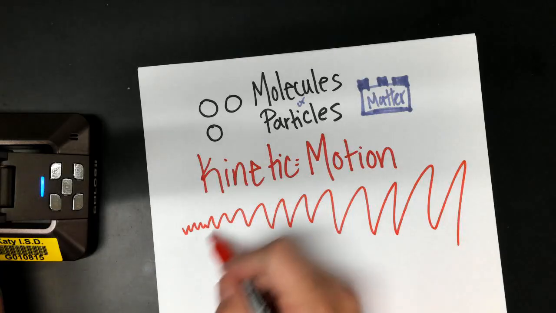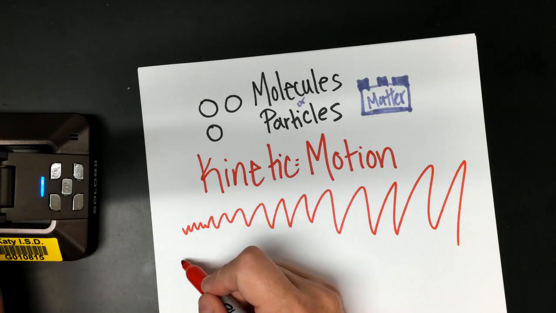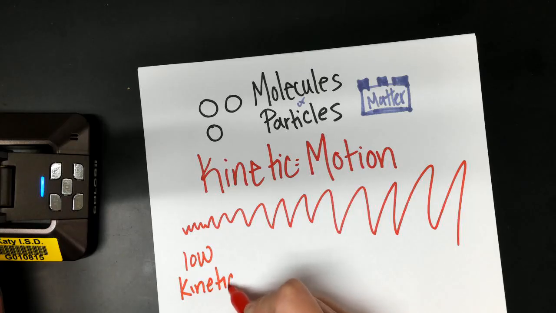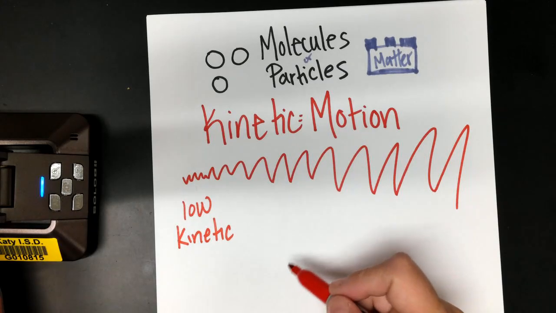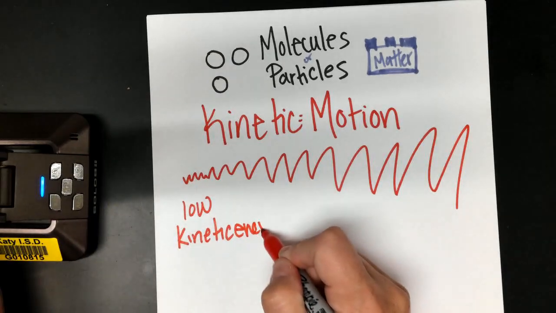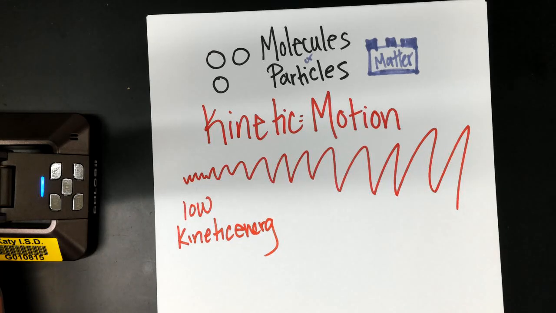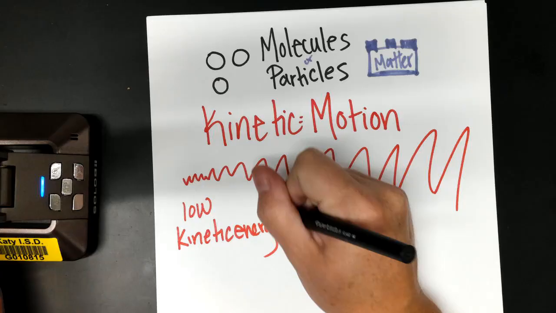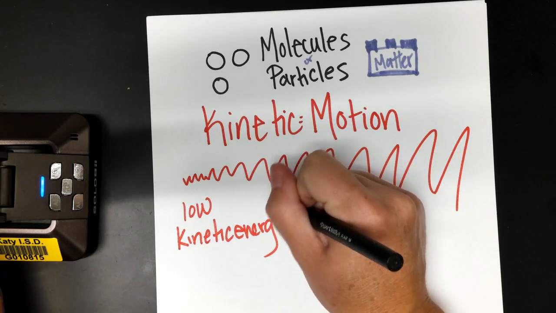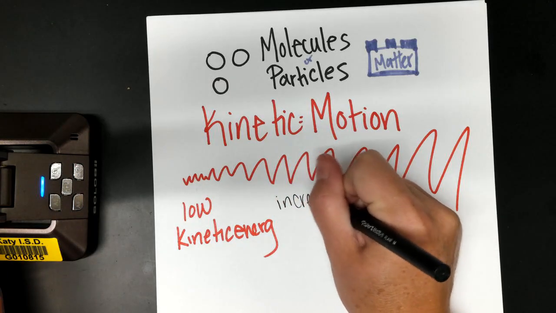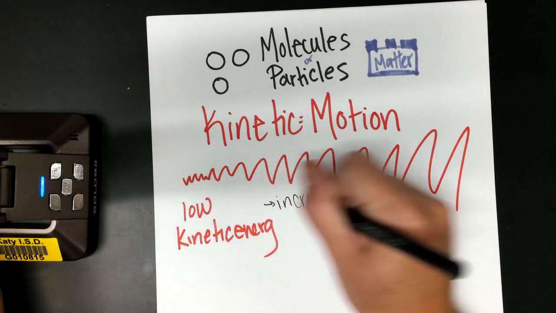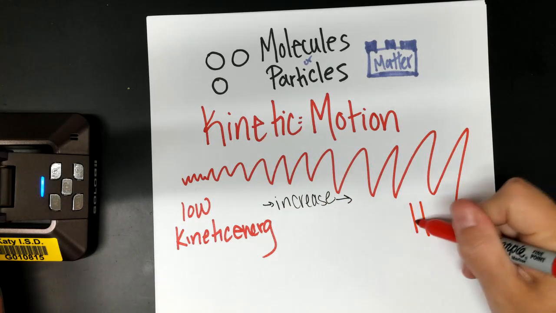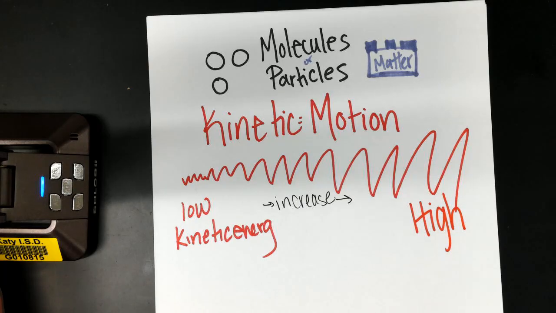The motion that caused this line would have low kinetic energy. Then, as my pen moved and I drew bigger and bigger, the kinetic energy increased until we had high kinetic energy.